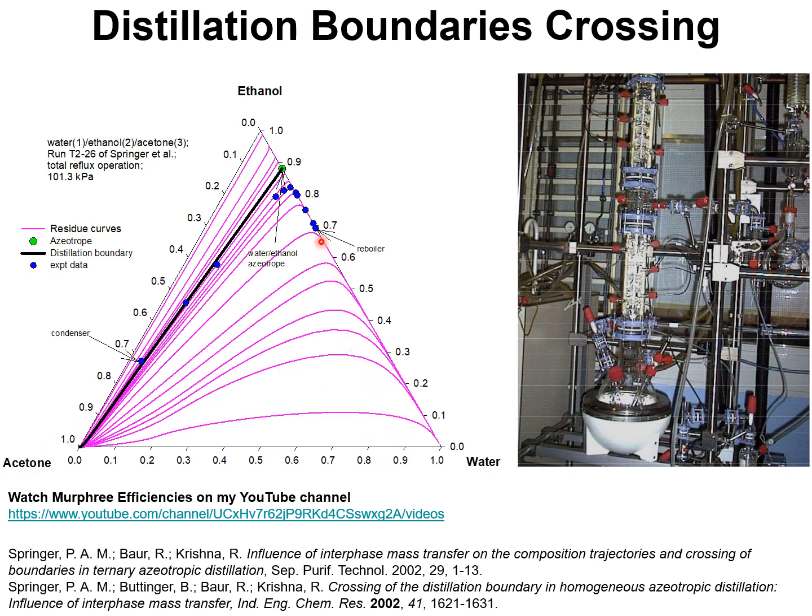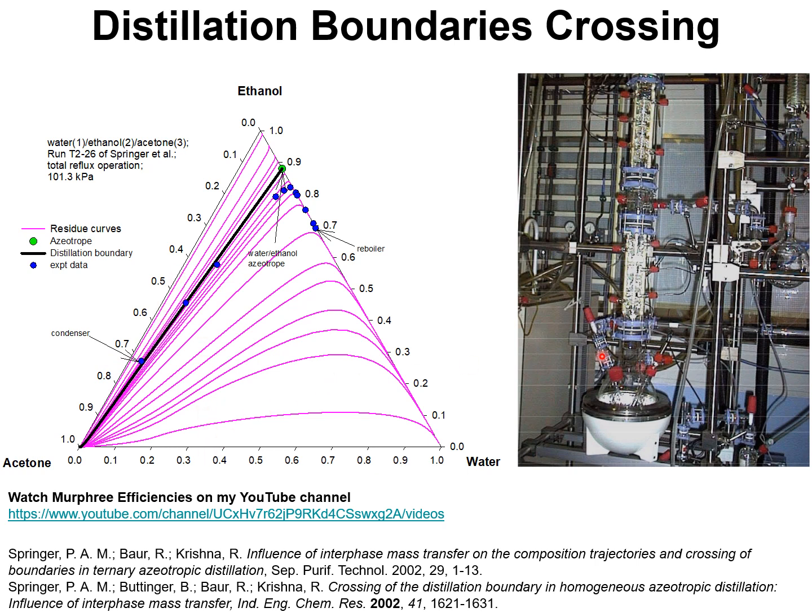The experimental data of Springer shows that the distillation boundary, shown by the thick black line, may be crossed. Here we show the compositions of the 11 trays in blue, ranging from the reboiler to the condenser.